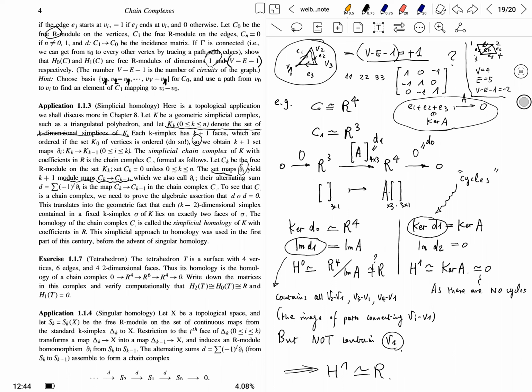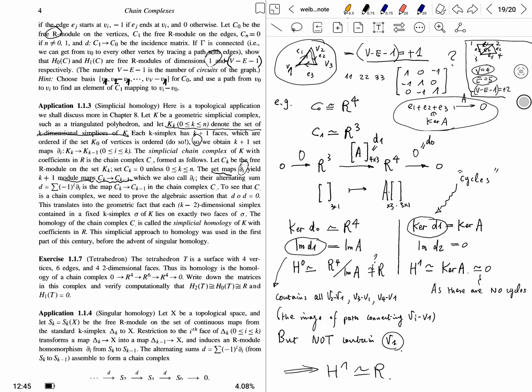And so actually the dimension of the kernel should tell you how many circles there are, right? Just look at the other example here with 2 circles, with vertex 4, edge 5. I'm going to change the sign, because otherwise it will be -2; once you change the sign, it is +2.